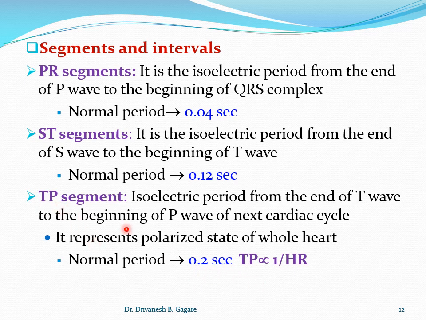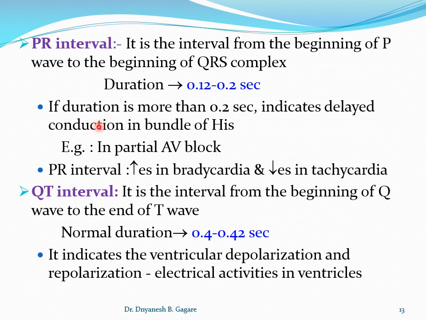The TP period is inversely proportional to the heart rate, which means that when the heart rate increases, the TP period or segment decreases. Now see the intervals. What is the PR interval?